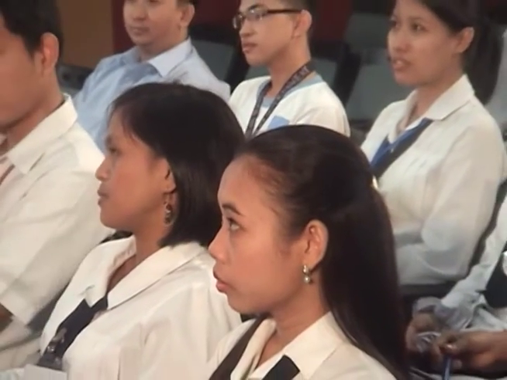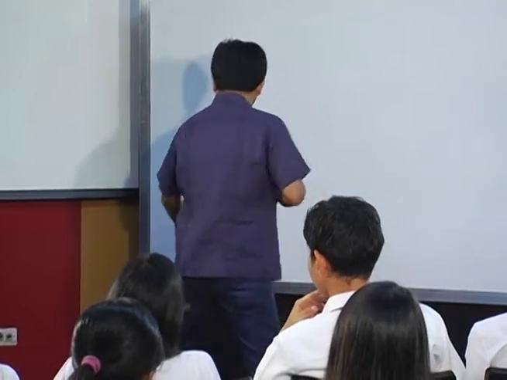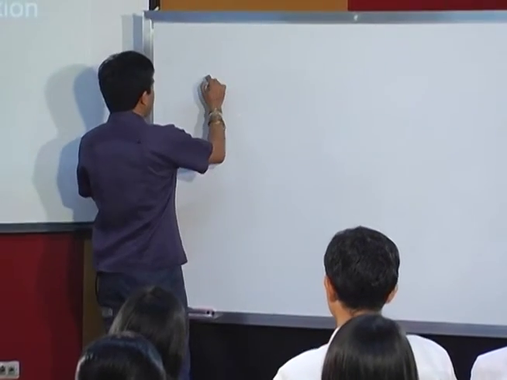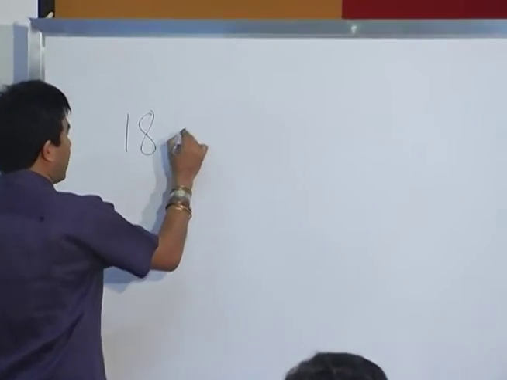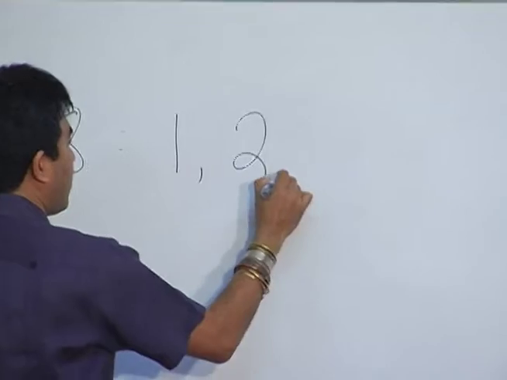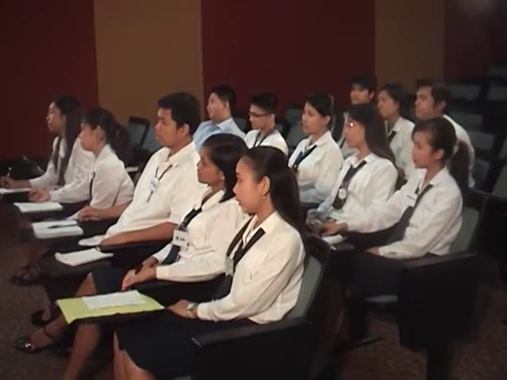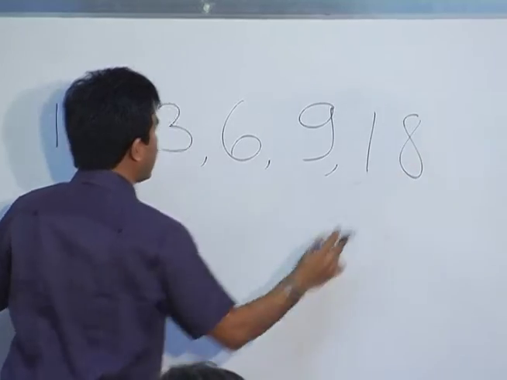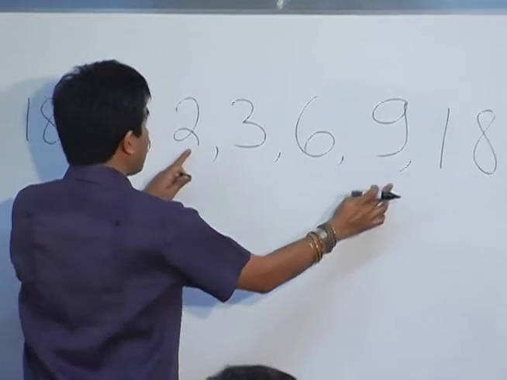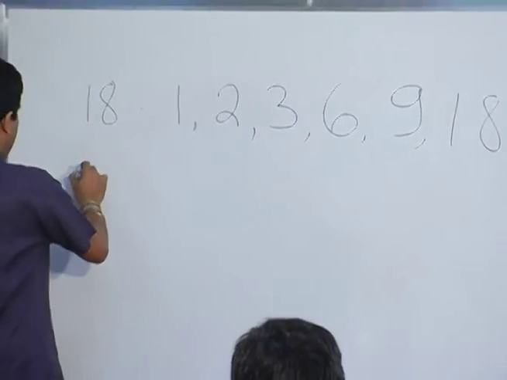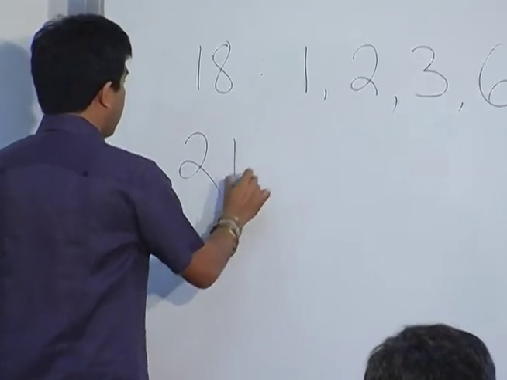What are the factors or divisors of 18? 1, 2, 3, 6, 9, 18. 1 times 18, 2 times 9, 3 times 6. How about 21?